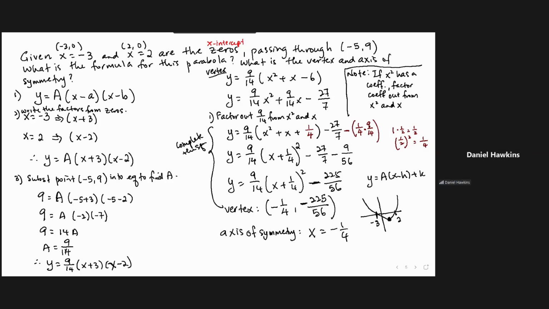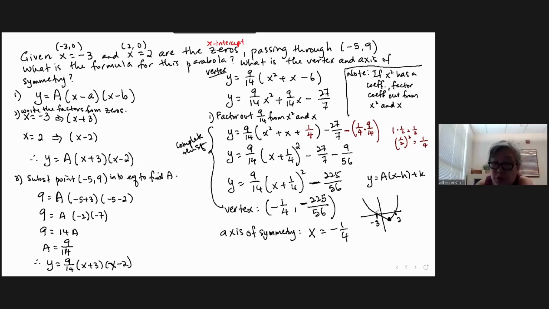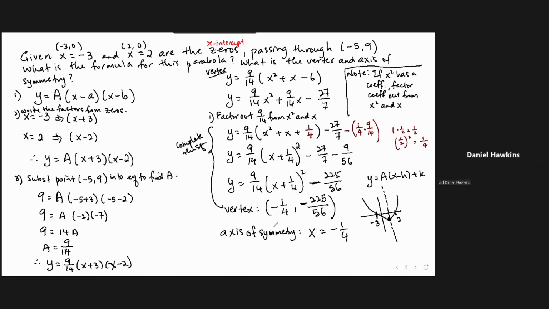Axis of symmetry is this. All I want to know is just the x value, and it is the x value of the vertex. Does that help? Yeah.